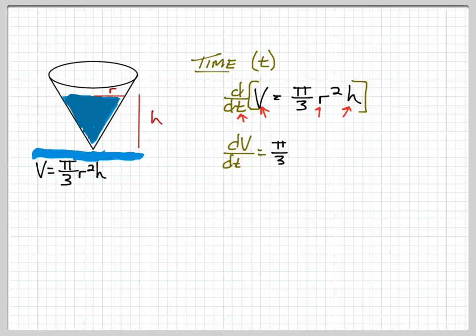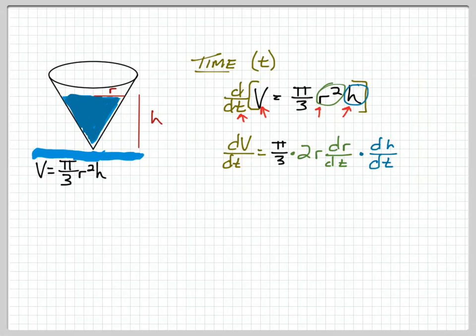Now remember, this is a constant, so nothing changes with pi over 3. And then we take the derivative with respect to time for our radius. So that's going to be 2r, and then with the chain rule, 2r times dr over dt. And now we have to look at the height, and that's to the first power, so the derivative of h with respect to time is going to be 1 times dh over dt.